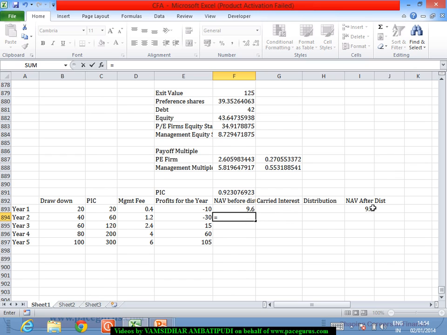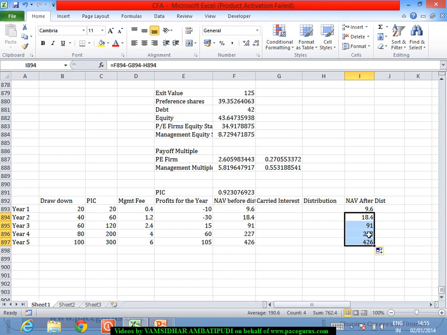To find the NAV before distribution, I take the NAV at the end of the previous year plus whatever has been brought down for this year, minus the management fee, plus the operating results for the period. This is the NAV before distribution in each of the years, and then I look at the NAV minus carried interest minus the distribution, working out to this particular number here. As an update, these are the numbers that are coming out.